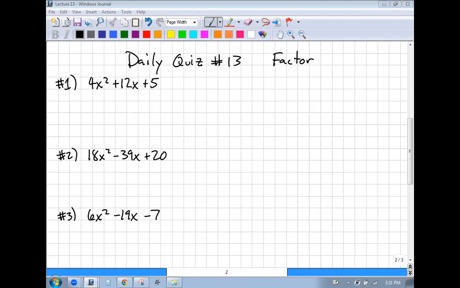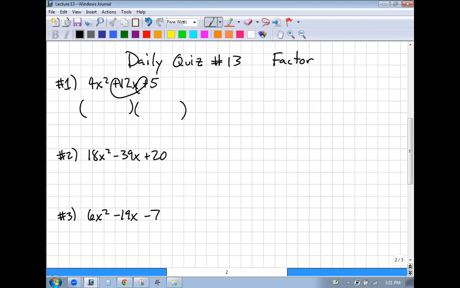So looking at these, the first thing you always want to do is factor out a GCF, but you can't get an x out of everything here, and 5 is prime, so there's no GCF. And because the leading coefficient is not a 1, it's hard to just eyeball it. The next step is guessing.